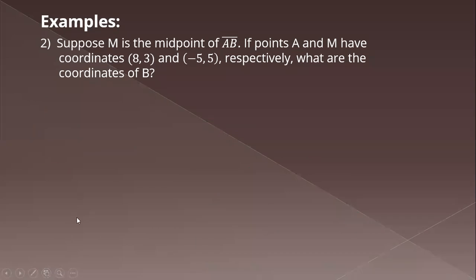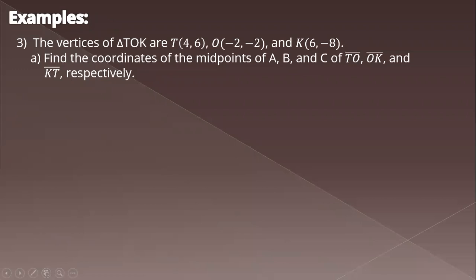The vertices of triangle TOK are T (4, 6), O (negative 2, negative 2), and K (6, negative 8). Find the coordinates of the midpoints A, B, and C of TO, OK, and KT respectively. What it says there is let us graph first, so that we can see what the problem wants. The coordinates of T are 4, 6: 1, 2, 3, 4, and 1, 2, 3, 4, 5, 6.